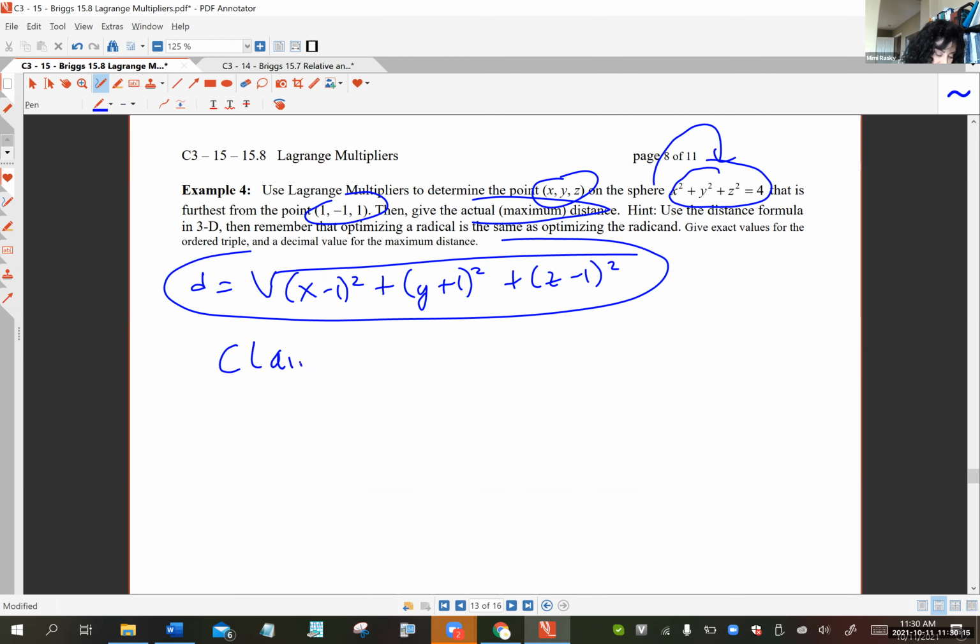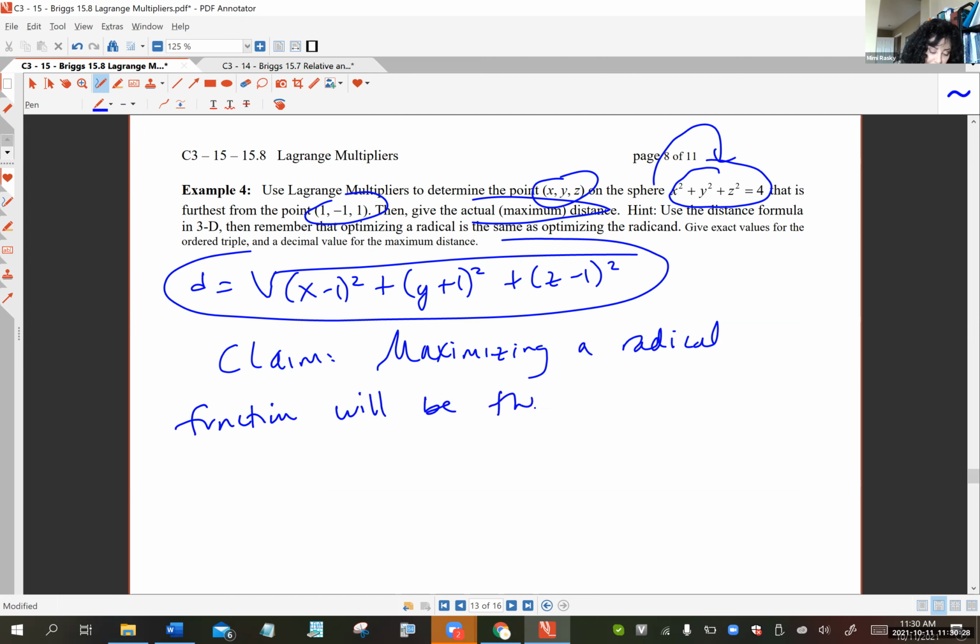The claim is maximizing a radical function like this d right here will be the same as maximizing what's under the radical. The radicand, in other words.